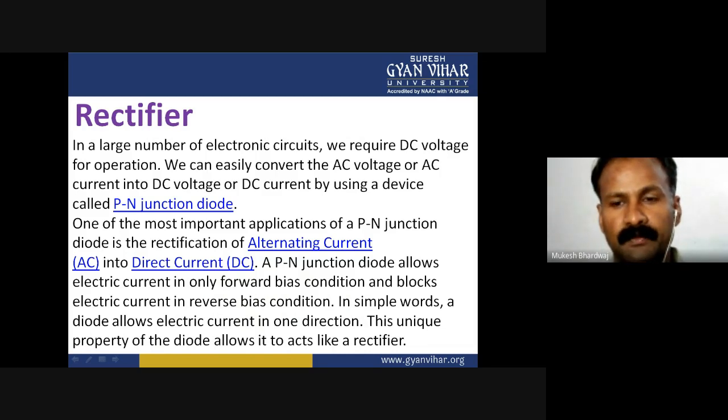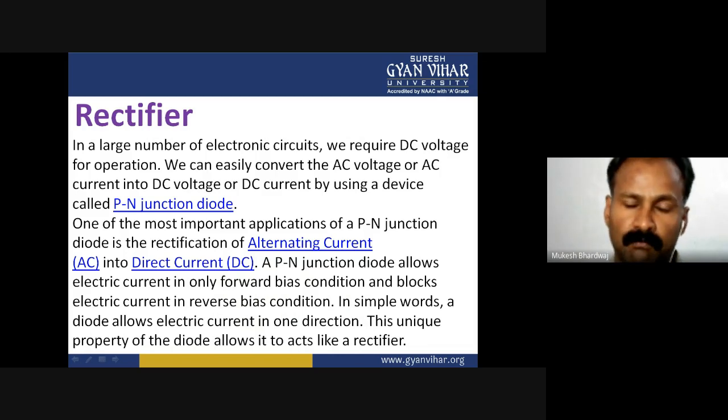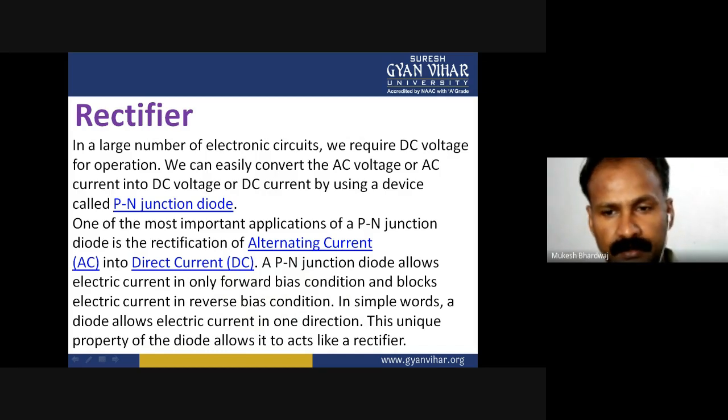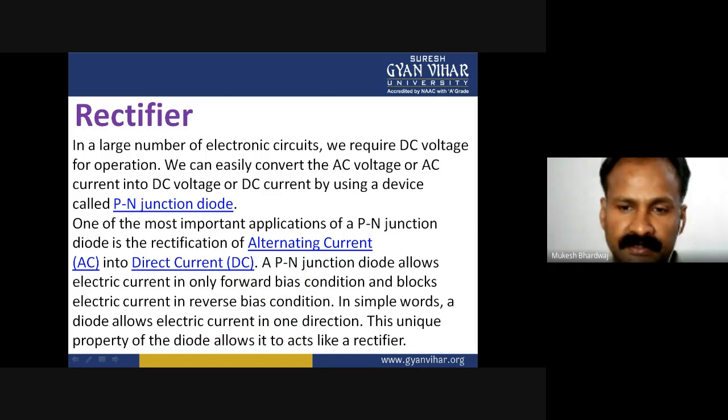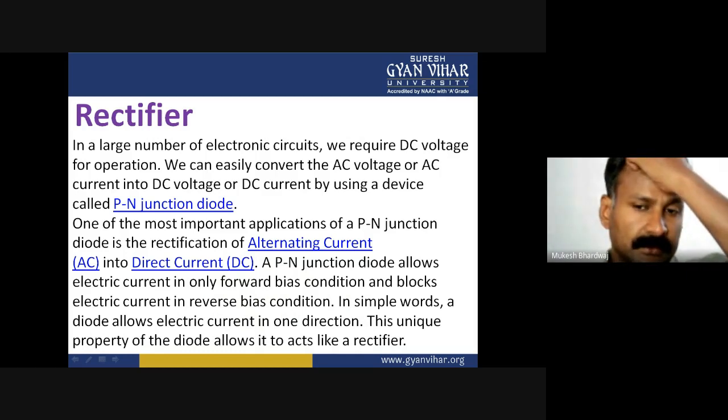So wherever we have a continuous need of direct current, we design rectifiers, and rectifiers basically convert alternating current into direct current. Alternating current can be produced very easily through hydroelectric power plants and thermoelectric power plants, and the household supplies which we get are in the alternating form.